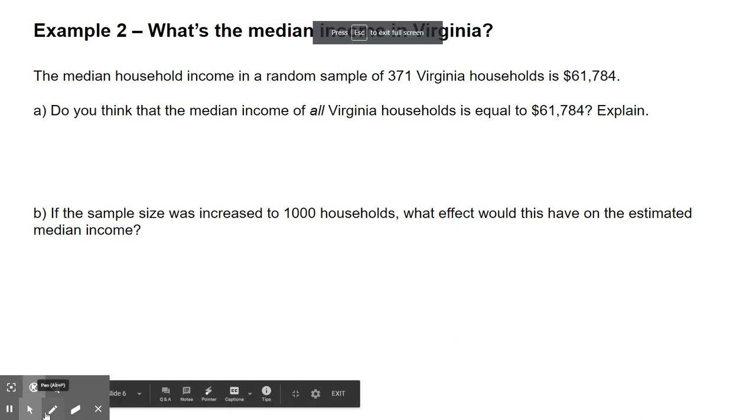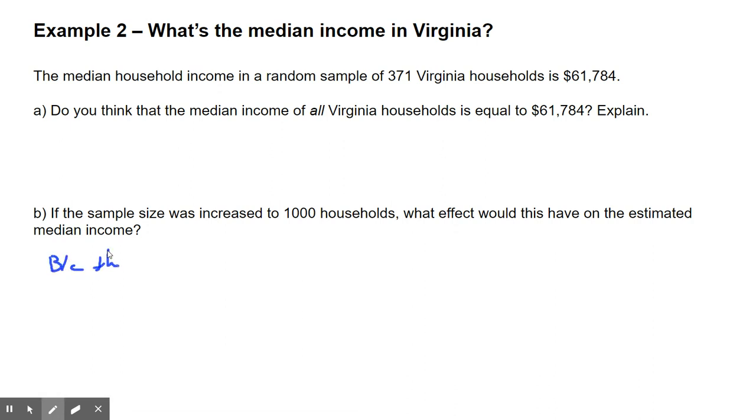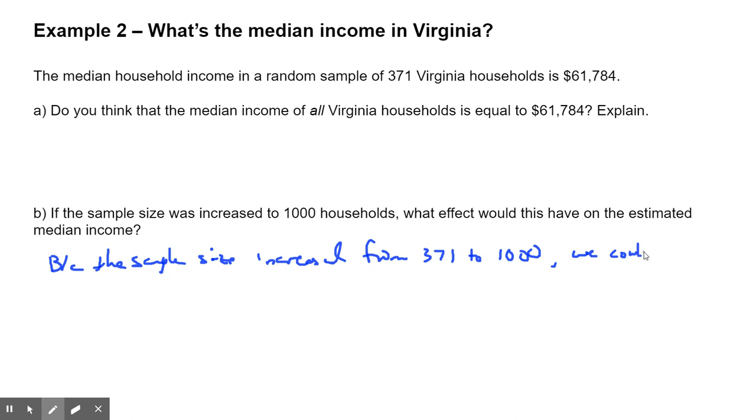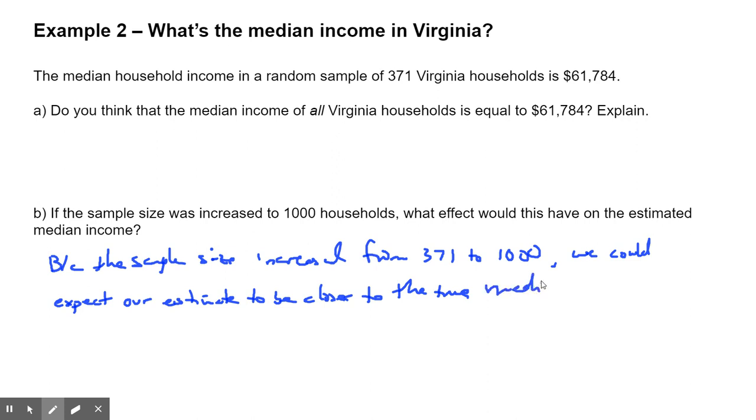So I'm going to say because the sample size increased from 371 to 1,000, we could expect our estimate to be closer to the true median income for all Virginia households.